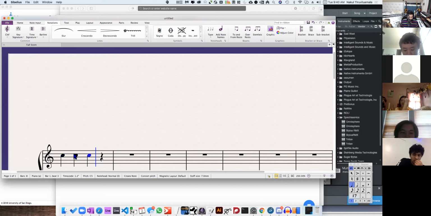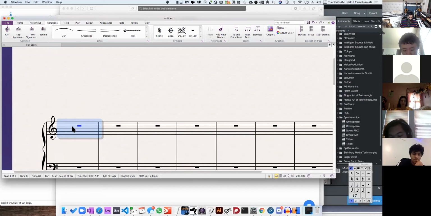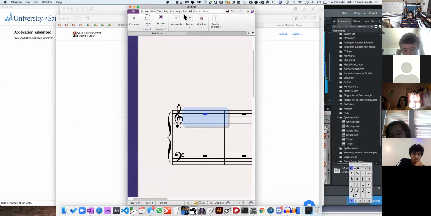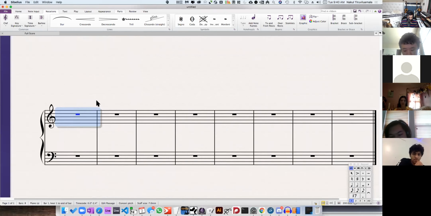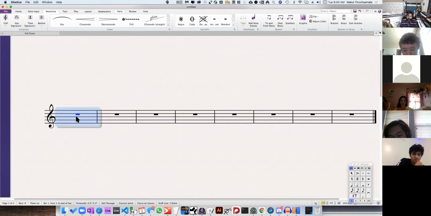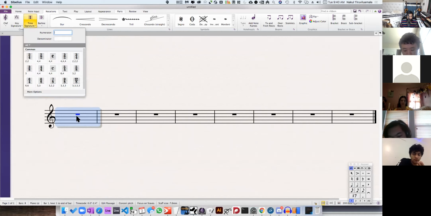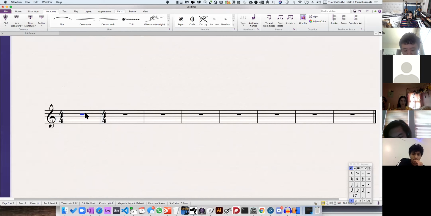Correct? Okay, awesome. So here's a little bit of a confusing thing. Let's say we're in 4/4, let's start with 4/4, okay? We have four notes, and then we have a measure of rest, okay?